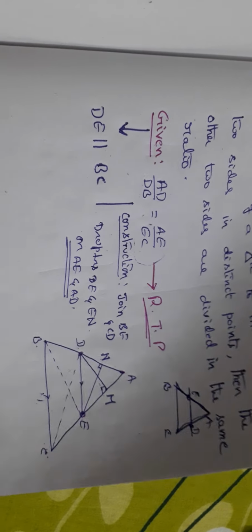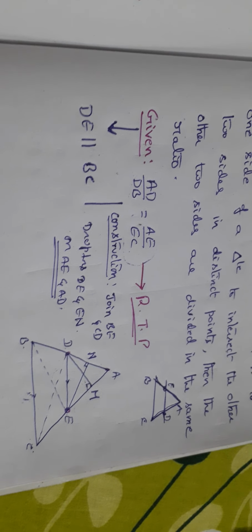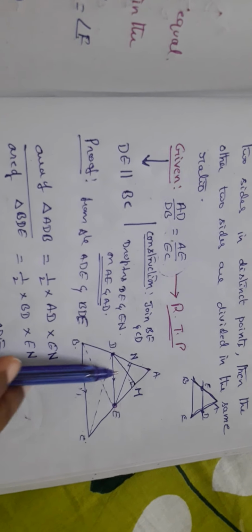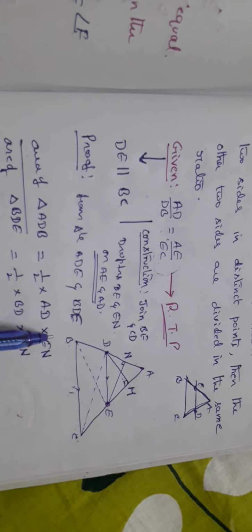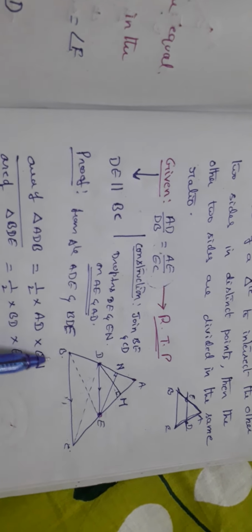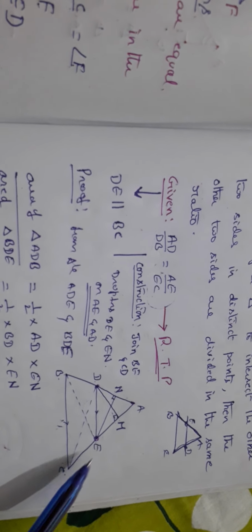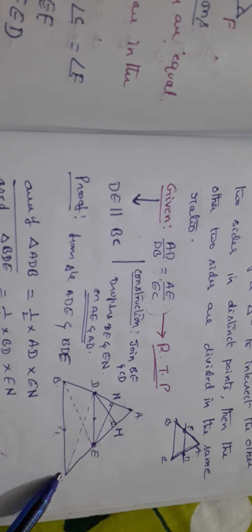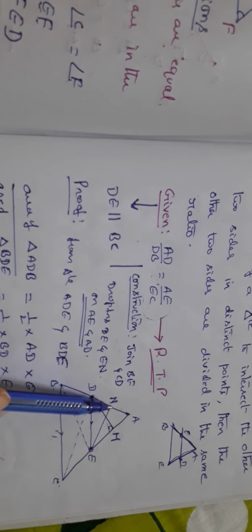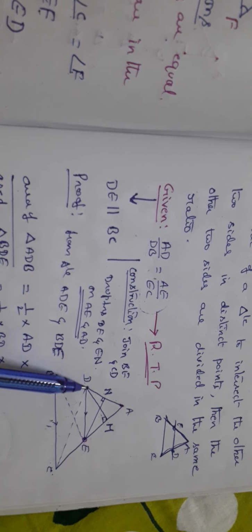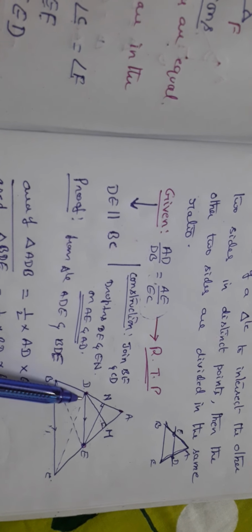Okay, now let us see how to proceed. So why are we making these changes? In order to prove that AD by DB is equal to AE by EC, when you say that this is a perpendicular, that means this is the altitude of this triangle, is it not?